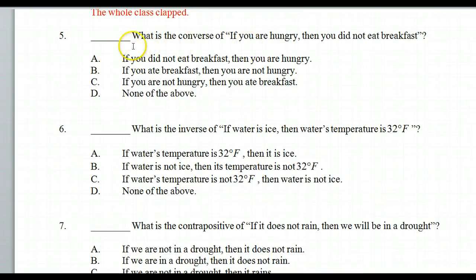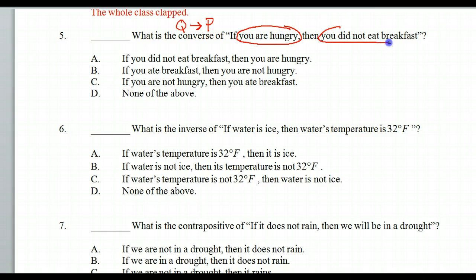Alright, so number 5. What is the converse of this statement? Let's remember that the converse is if Q then P. It's the one where we reverse them. So if you are hungry, then you did not eat breakfast. So you are hungry is the hypothesis.